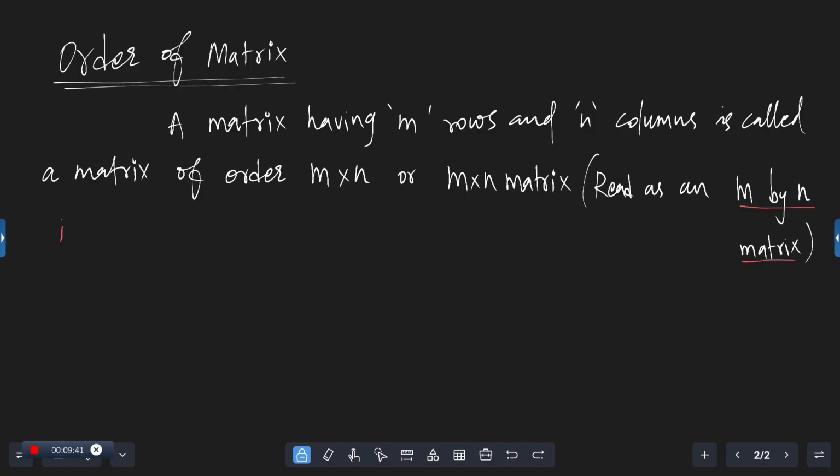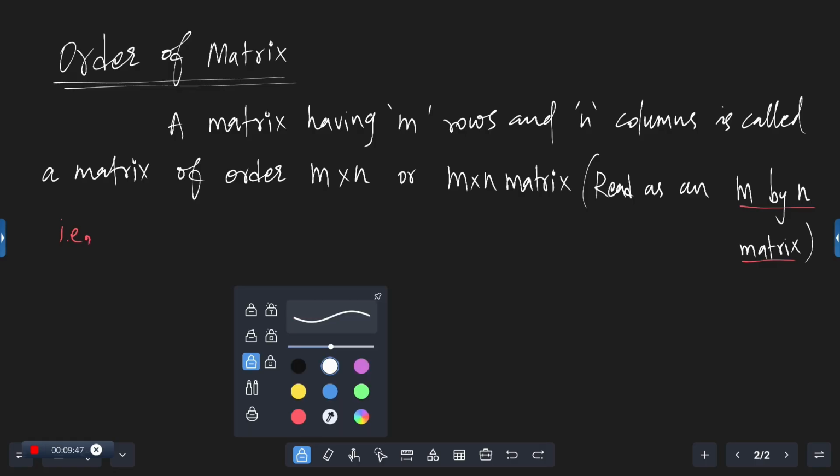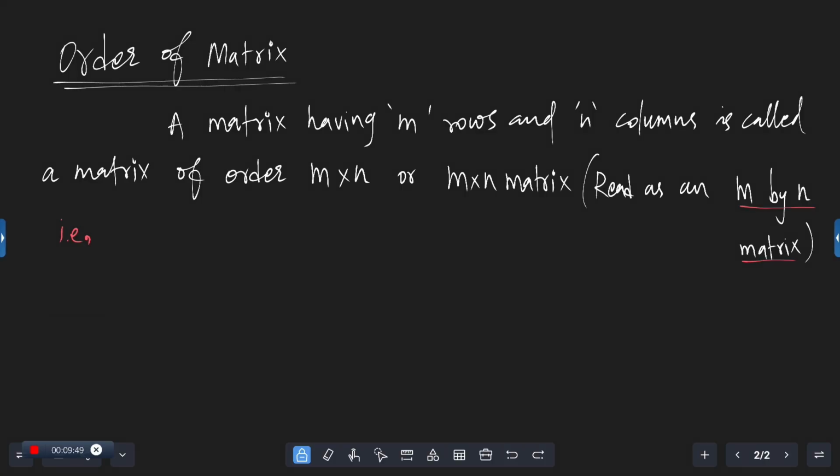They said that they have m rows. I will show here how to mention that. First A11, A12, A13, going on to A1n. Why do I stop at n? Because we have mentioned there are n columns.